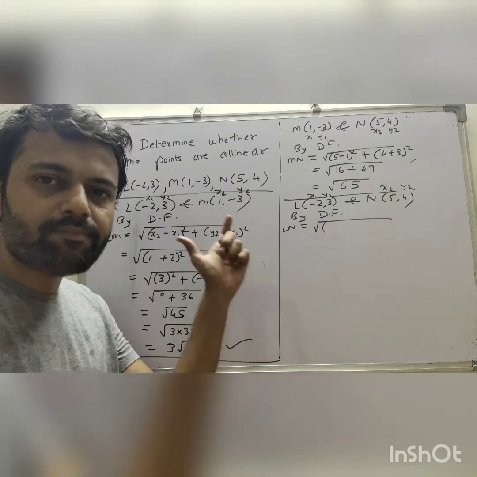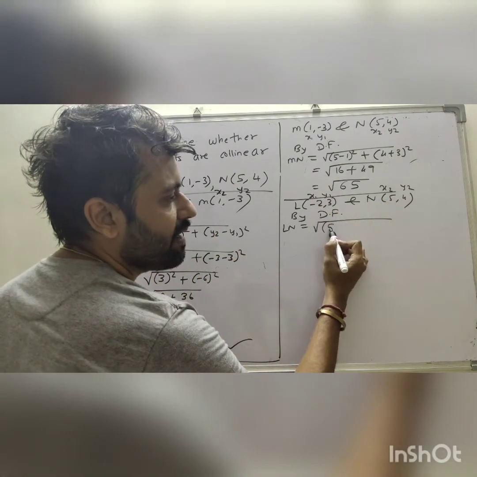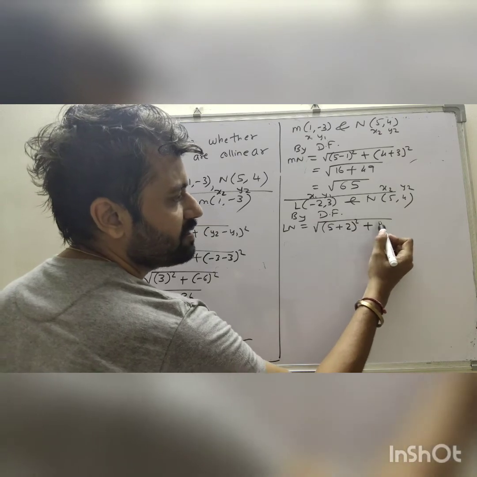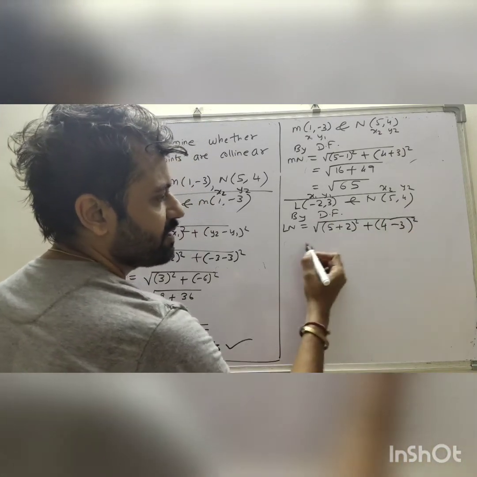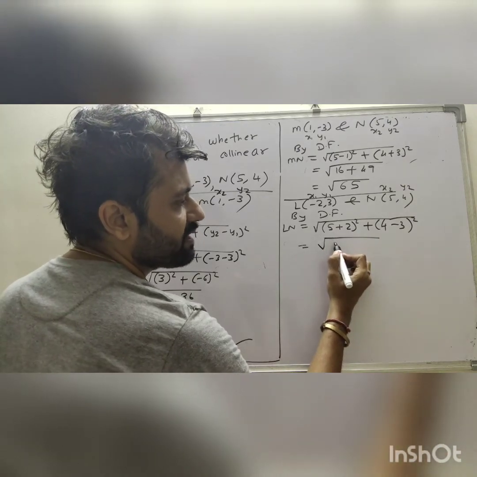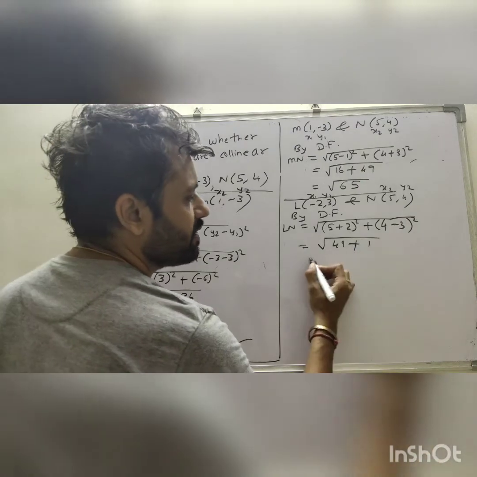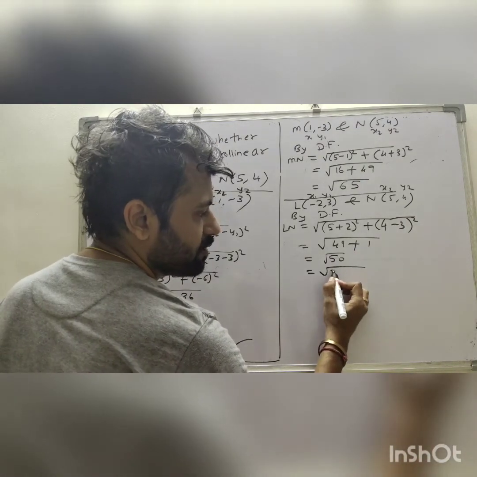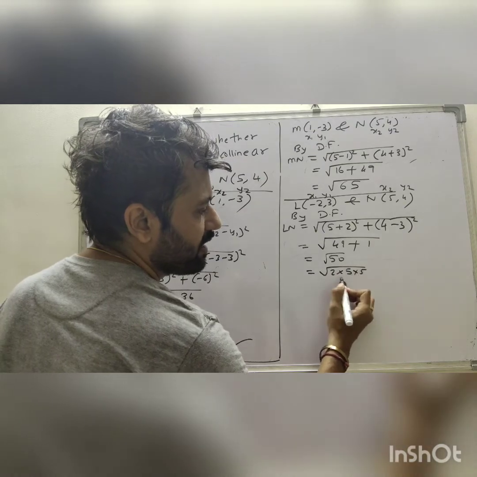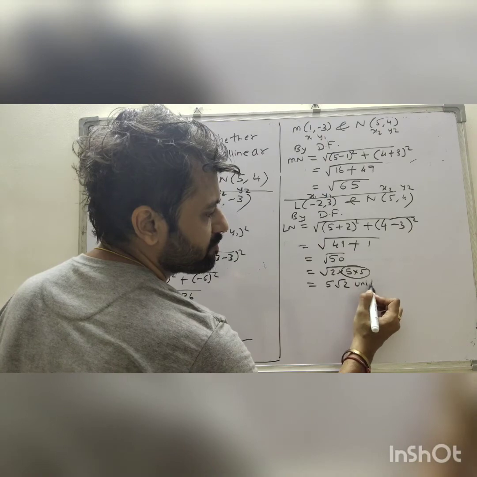Because of lack of space, I am not writing the formula, I am calculating the value. 5 plus 2 the whole square plus 4 minus 3 the whole square. 5 plus 2 is 7, 7 का square is 49. 4 minus 3 is 1, 1 का square is 1. This is root 50. If you convert, you get 2 into 5 into 5. जोड़ी मिल रहा है, इसको बाहर निकाला, 5 root 2 units.